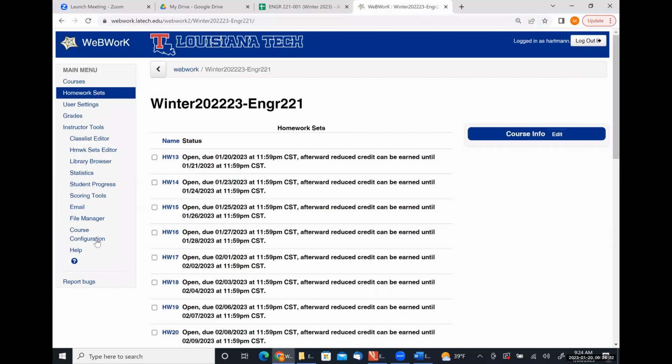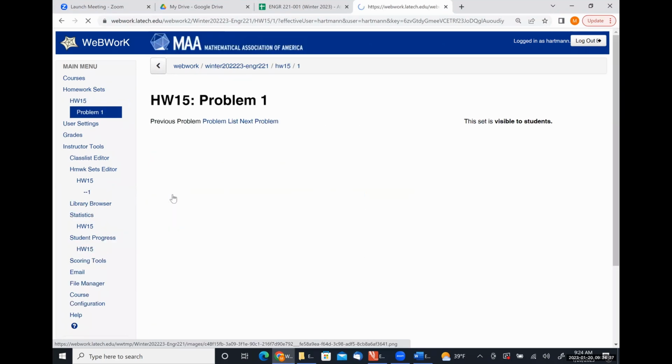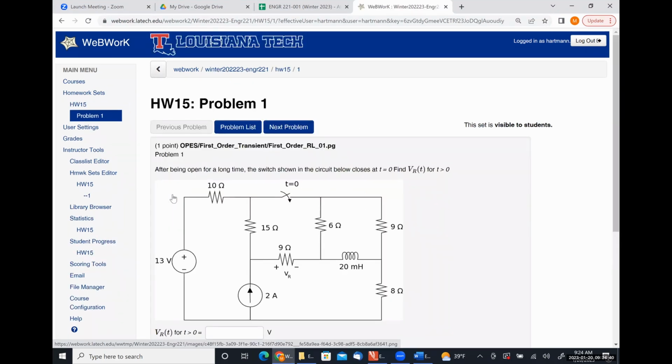So if we look at the homework assignment number 15, this is literally the same type of thing that you're already doing, except the circuits are just a little bit bigger. I would argue that homework set number 15 really helps you practice nodal and mesh analysis more than it does transient analysis, because you're just having to use nodal and/or mesh to figure out what the quantities are at t equal to 0 minus, t equal to 0 plus, and t equal to infinity.